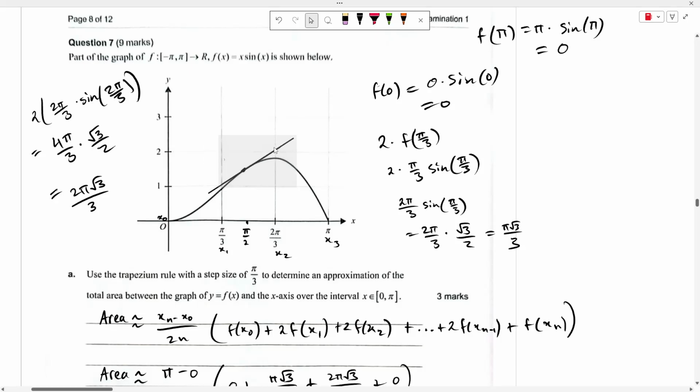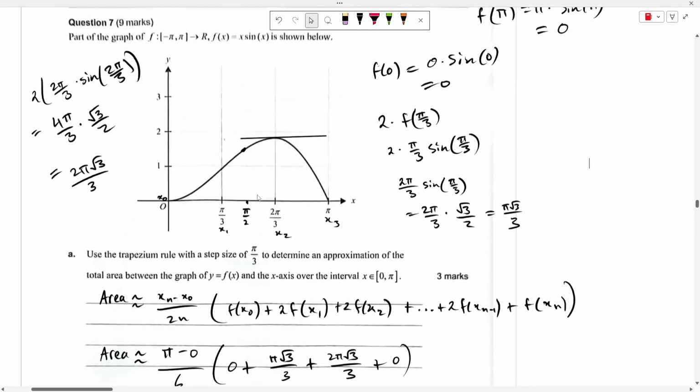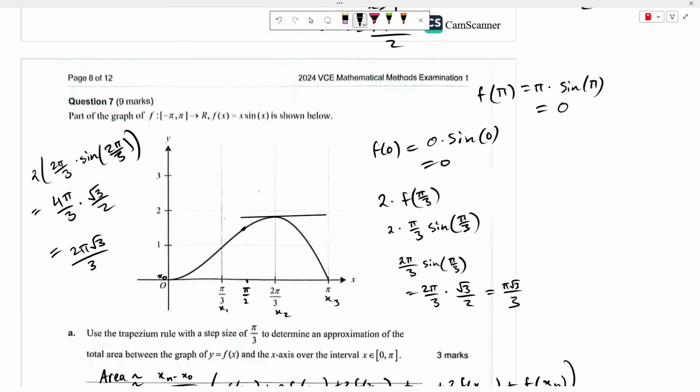And then as we go to 2 pi on 3, it's becoming less and less until it's going to almost 0, basically. Now, it doesn't have to be exactly 0. From the graph, it looks like there's a turning point at 2 pi on 3, but of course, you can't really be sure of that. So it could just be slightly negative like that. So let's find what f dash of pi on 2 is.